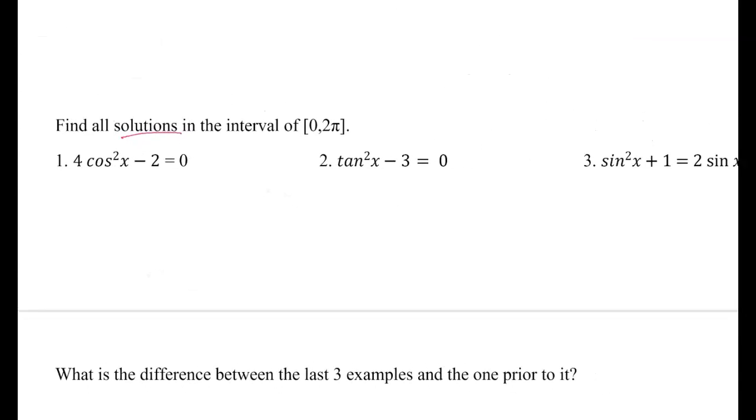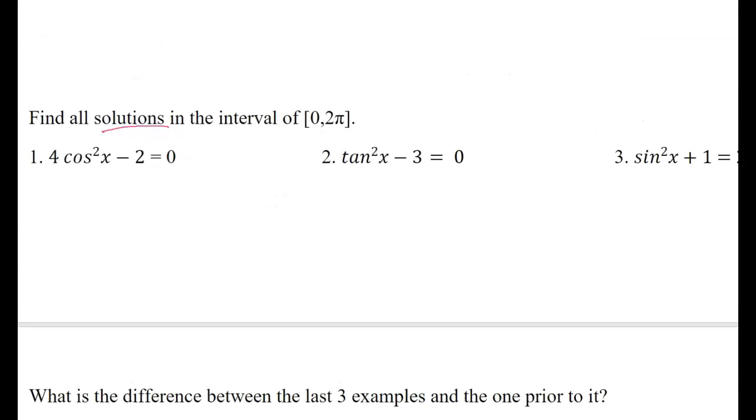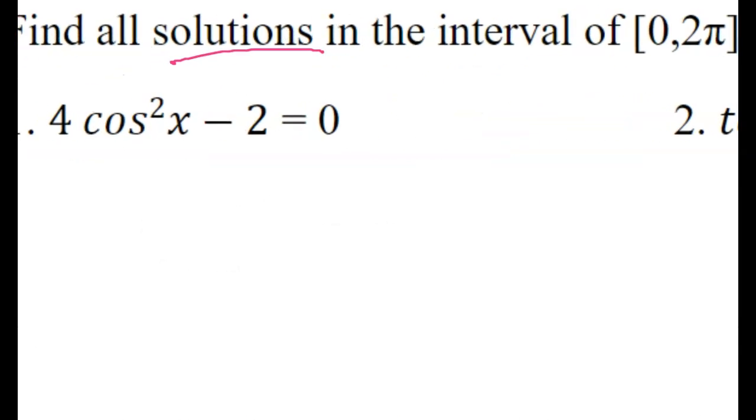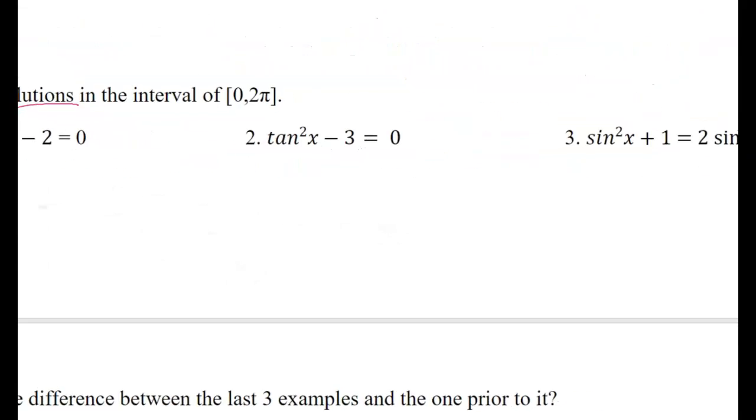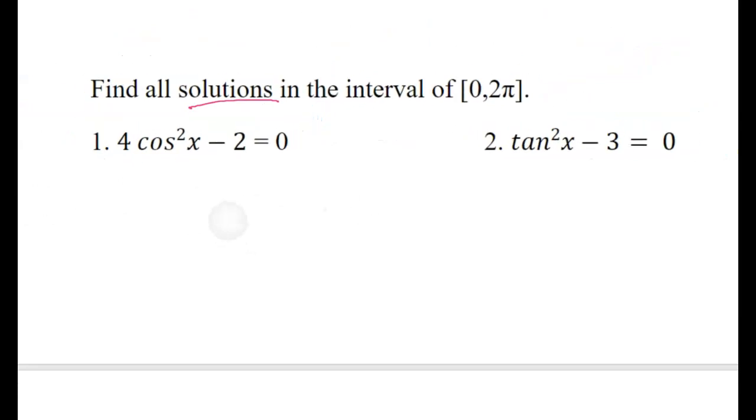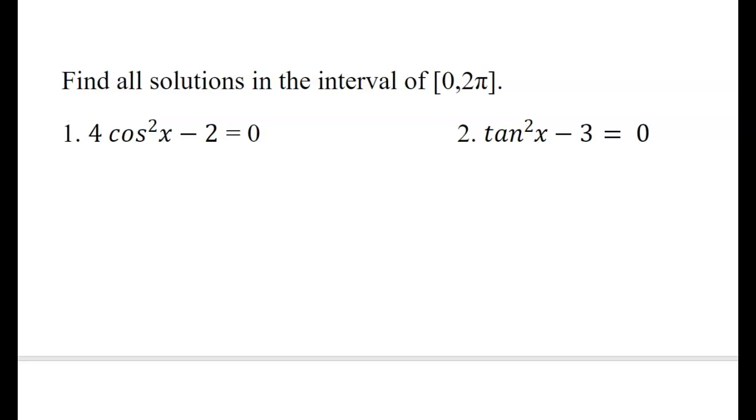Well, these three types of problems, these three examples, are actually even easier. Well, the last one isn't. The last one will actually have to factor, but I'm just going to do number one. Instead of just factoring, whenever we are missing the b value, what can we do instead?